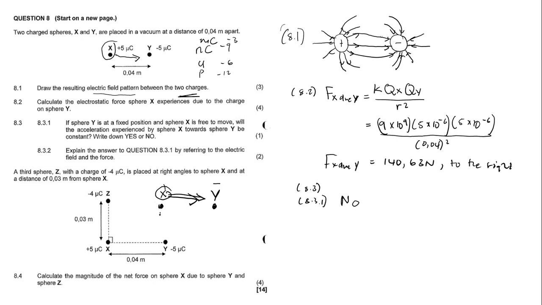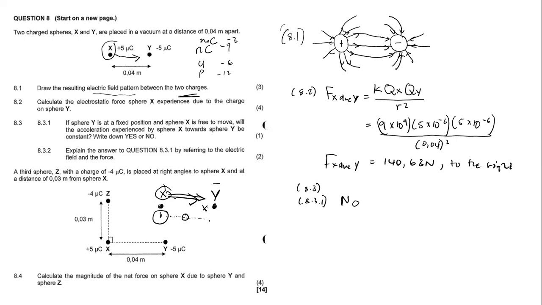So from this position, as sphere X moves towards Y, the field lines of sphere Y at this point are weak. The field lines of sphere Y around this point become stronger. But next to sphere Y, when X gets here, X will experience stronger field lines of sphere Y.